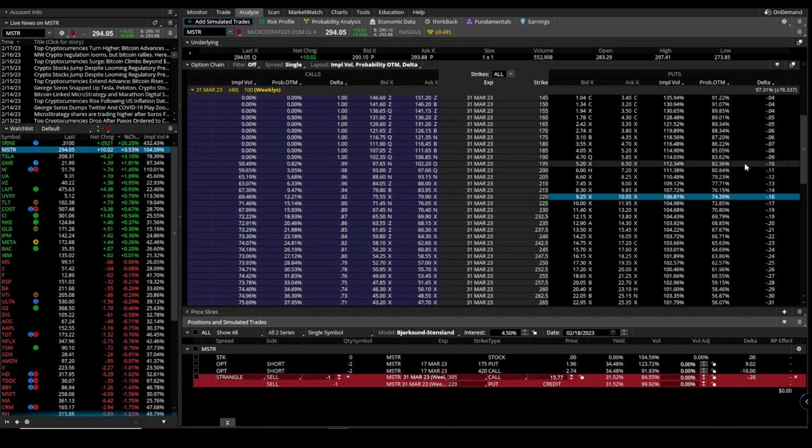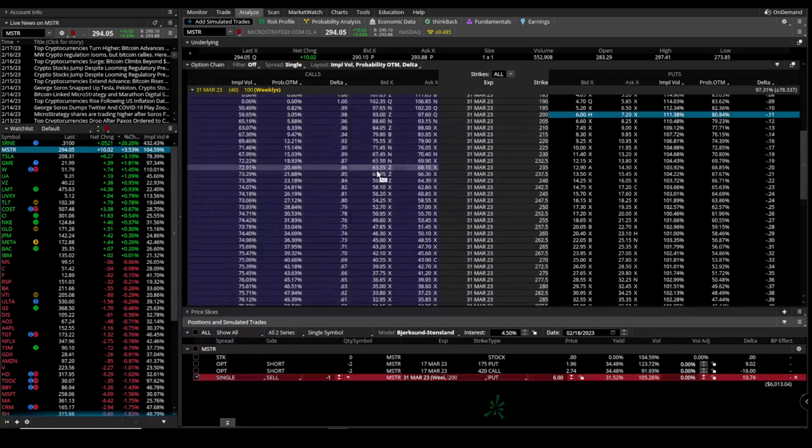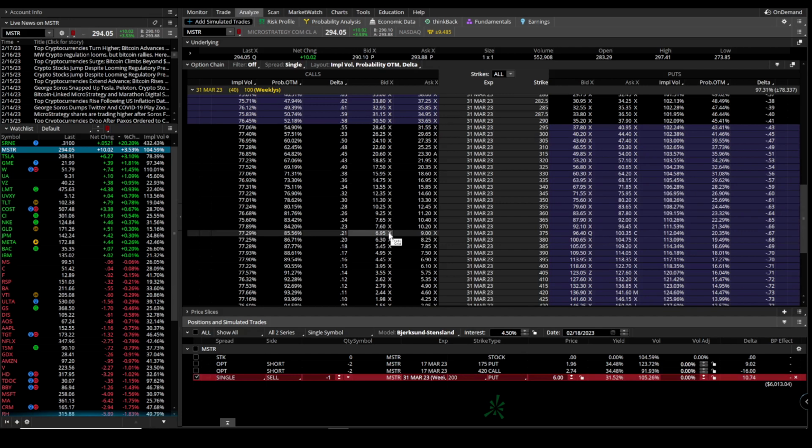Especially right in here, we can be slightly bullish biased, giving us a little bit of positive delta. We can go to, let's just call it, 80% or 11 delta, collecting $6. And then we want to give it a little more upside protection because of the strength we have in Bitcoin.